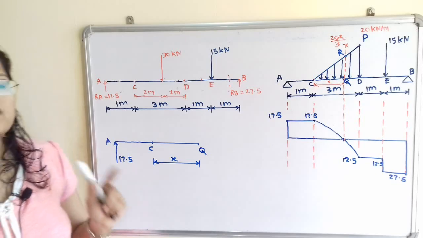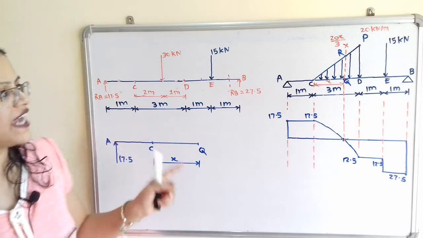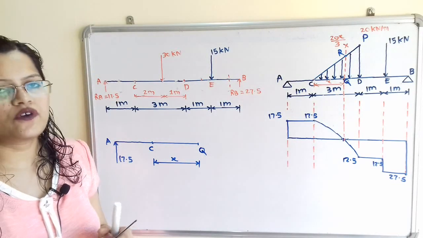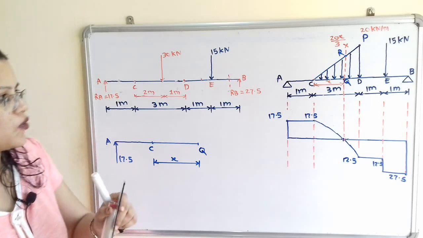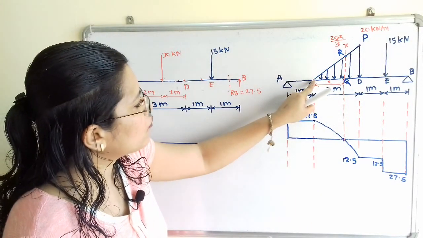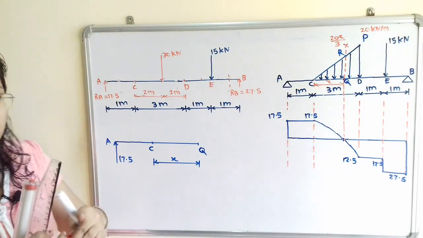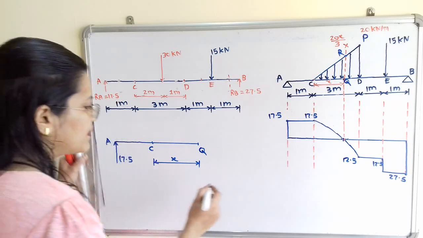Now we have to draw the free body diagram to find out the shear force at any distance x. So how to draw this? For that we have to first calculate the total load in between CQ. We know that total load is equal to the area of triangle.